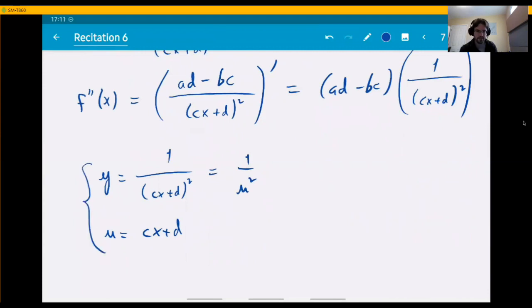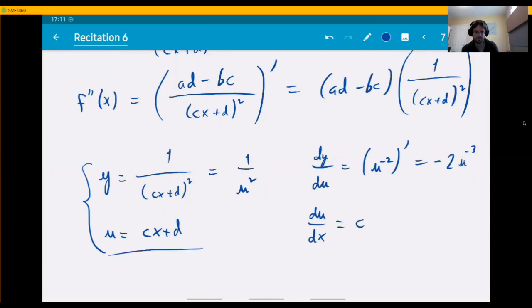Using this, you can find the derivative dy dx by the chain rule. dy du, the derivative of 1 over u squared with respect to u, is done by the power rule. 1 over u squared is u to the minus 2. So this gives you minus 2u to the minus 3. And du dx is just c. The derivative of cx plus d is the constant c.